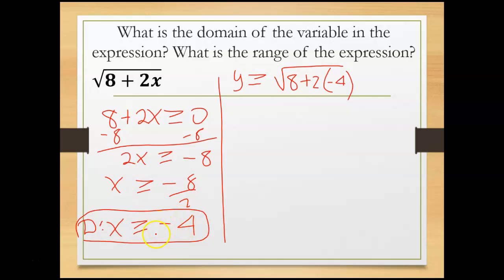Since the domain starts from -4, we have to start our y from that -4. So that will be 8 minus 8, which is 0. And the square root of 0 is 0. So y has to be greater than or equal to 0.